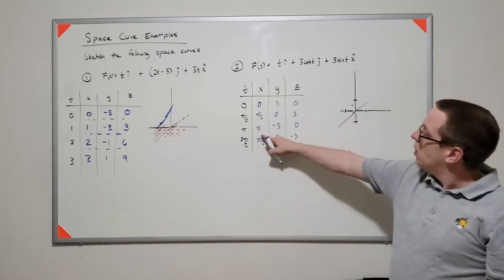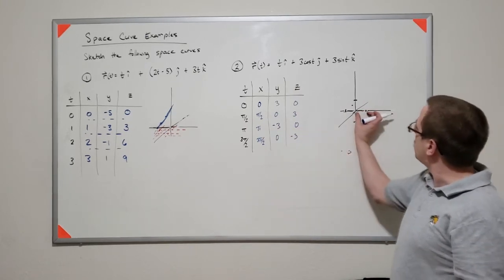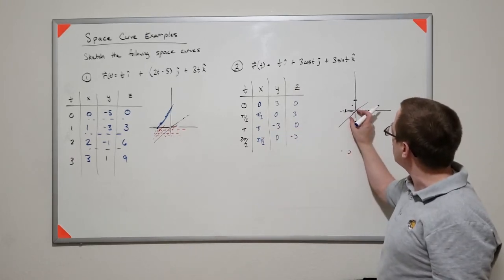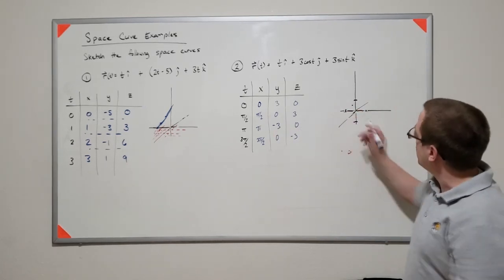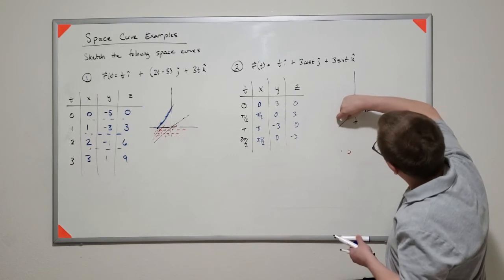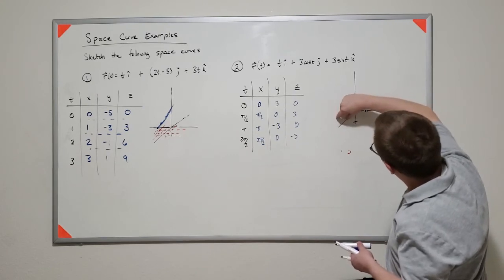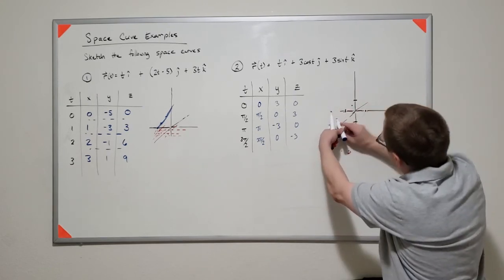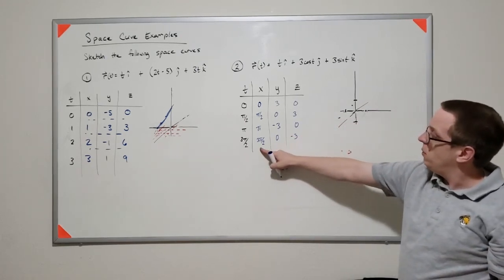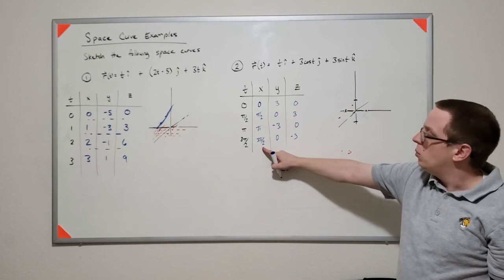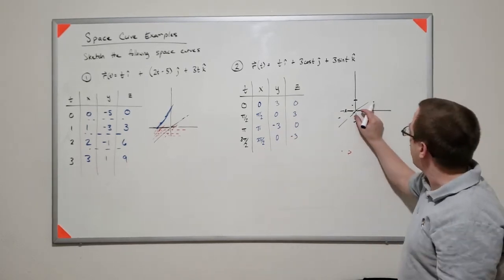And then x comes out to pi, which is a little bigger than 3, so you're all the way out here. And then y goes all the way to negative 3, so we're out here. And then we have 3 pi over 2, which is a little bigger than 4.5.